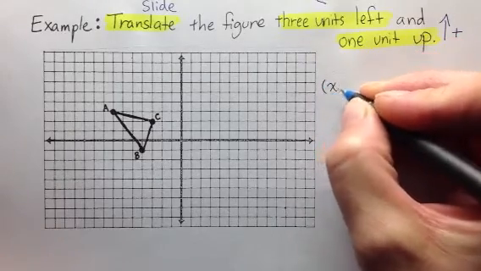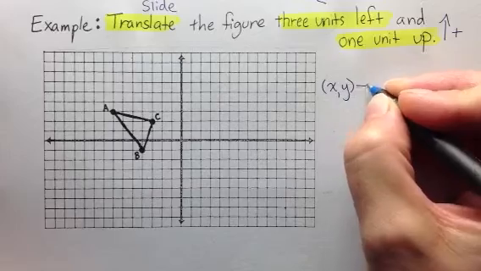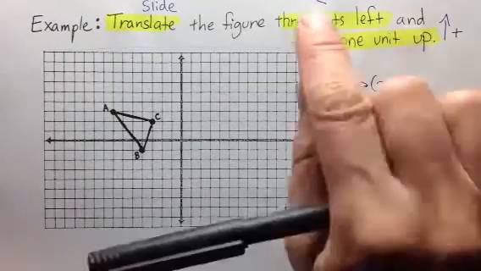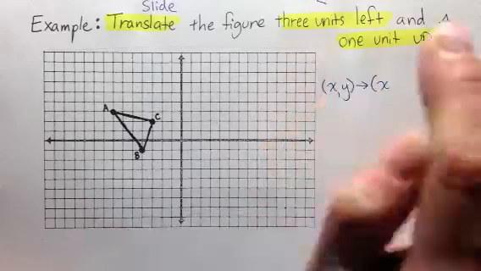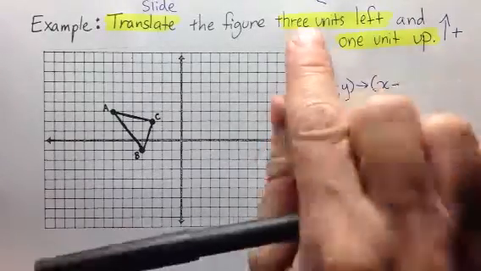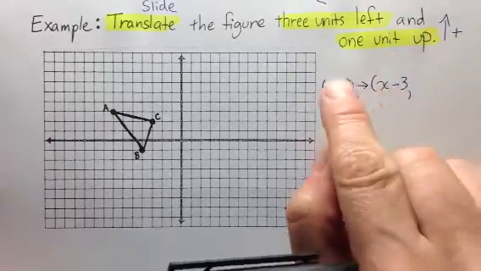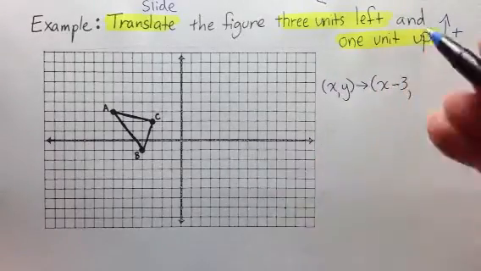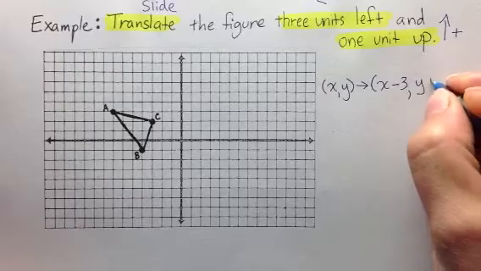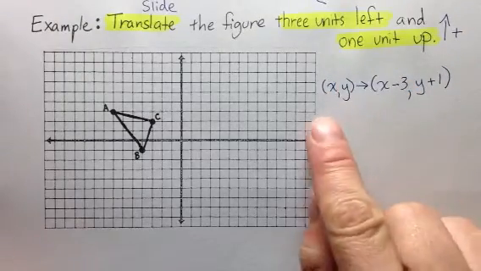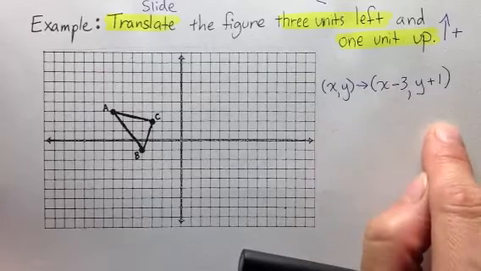The rule would read that any point x, y maps onto, and you're going to take the x and move left, which means you're going to subtract 3. And then you're going to take the y, you're going to move up, so that's positive 1 unit. Okay, so that would be the rule if they asked for the rule.